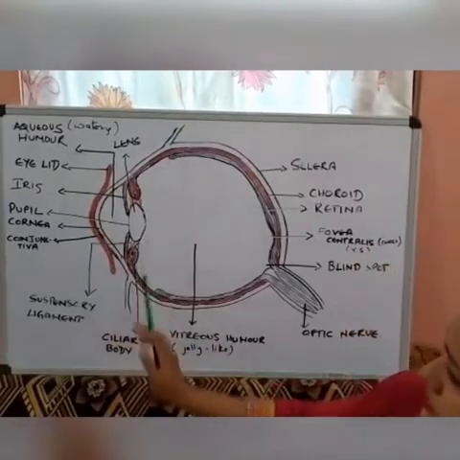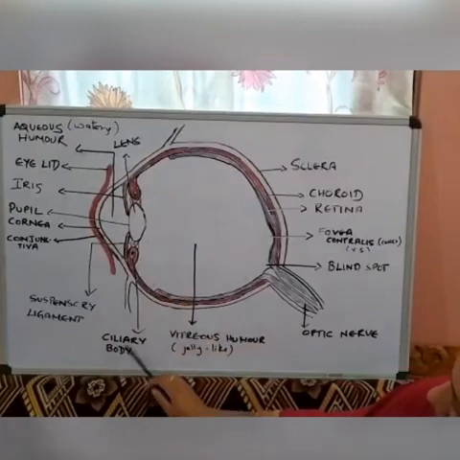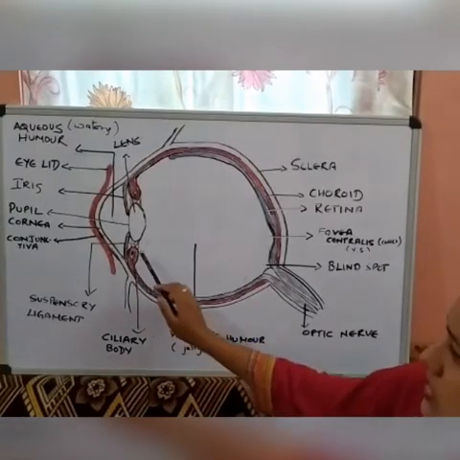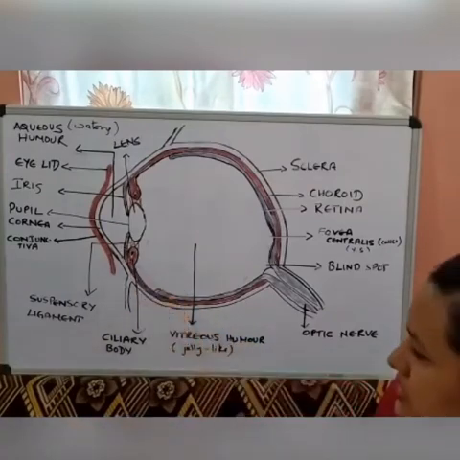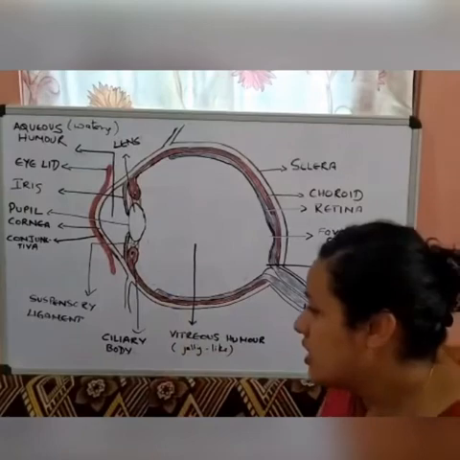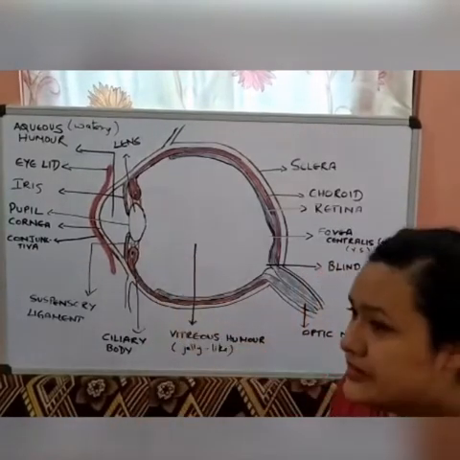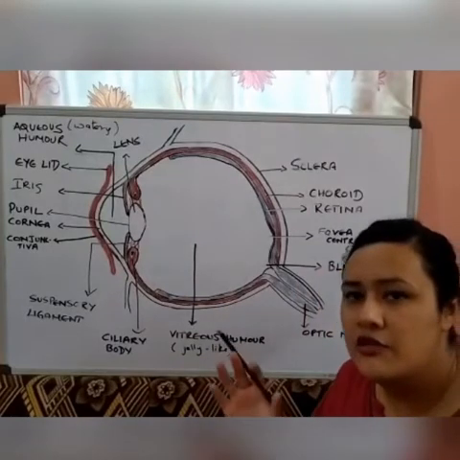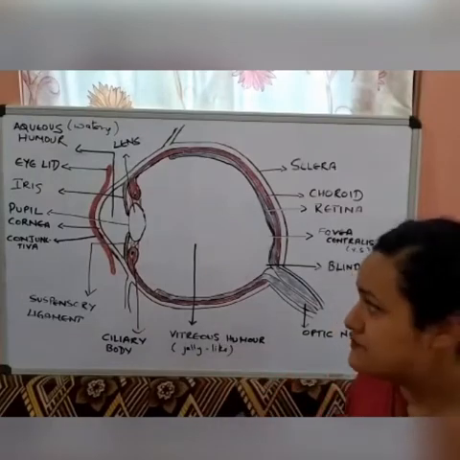And you can see this ciliary body. It is a junction between the iris and the choroid, the body junction where the iris and the choroid meet. That is known as the ciliary body. This ciliary body helps in the contraction and relaxation of the lens.